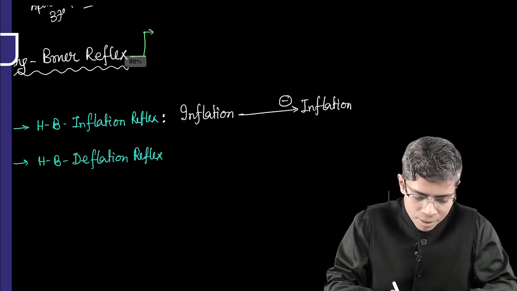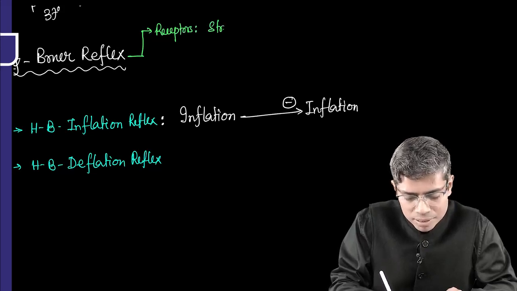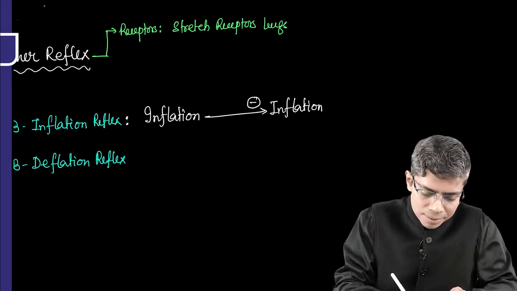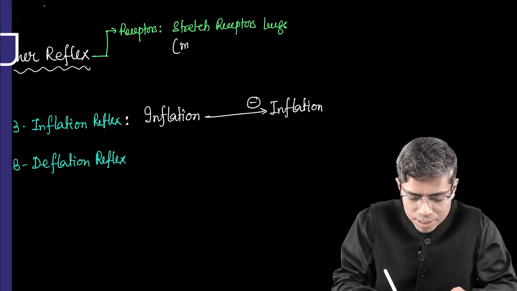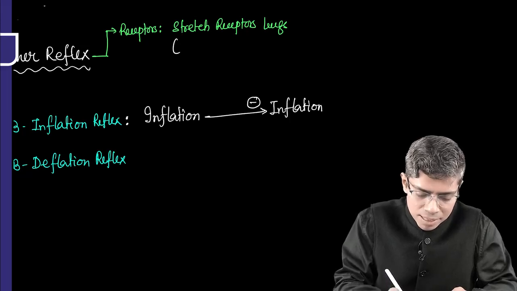The receptor for this Hering-Breuer reflex is nothing but the stretch receptors of lungs. So where are these stretch receptors of the lungs located? Remember, they are located at the level of muscles. What kind of muscle?